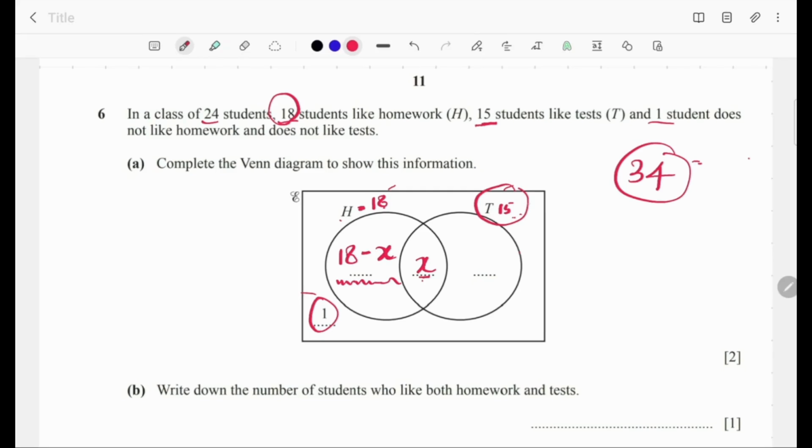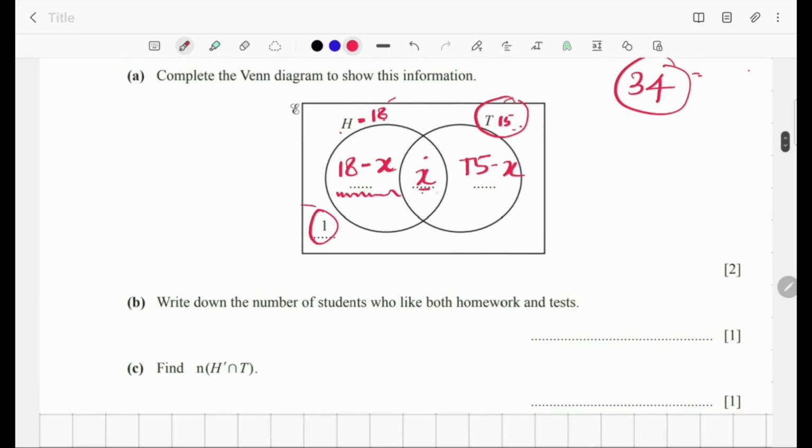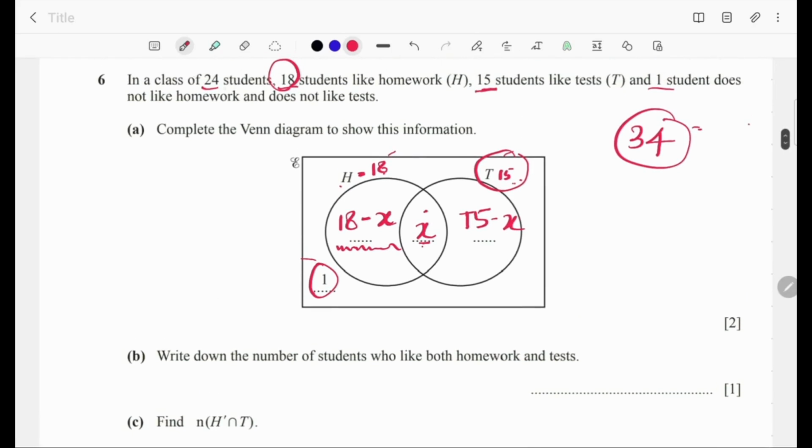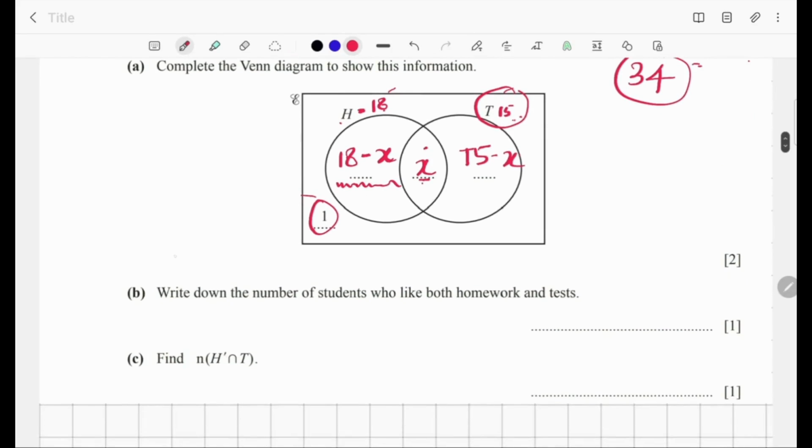To avoid double counting, we have to remove this x. So it is 15 minus x. Okay, now we can just put all this information in an equation. Okay, we know that in the class there were 24 students. All right, so you can say it is 24 is equal to, put everything.